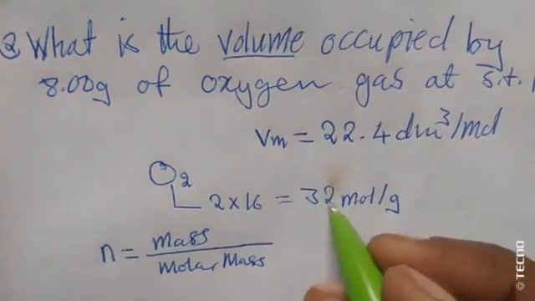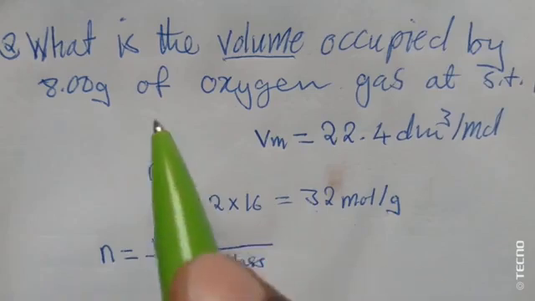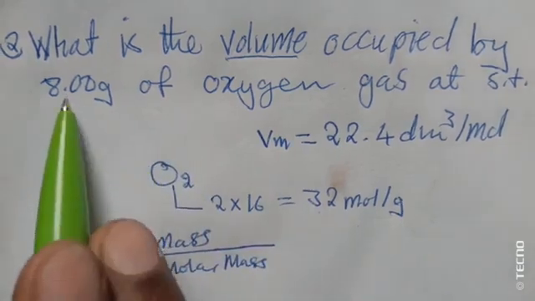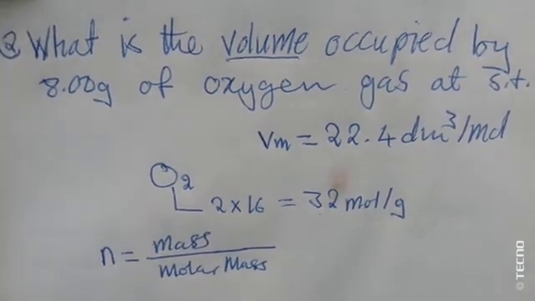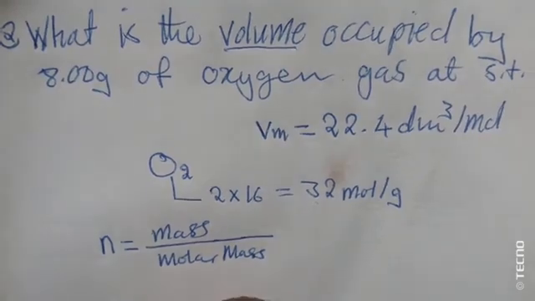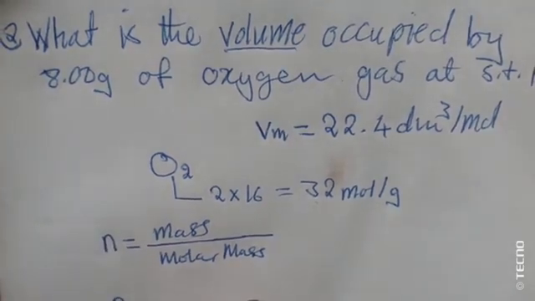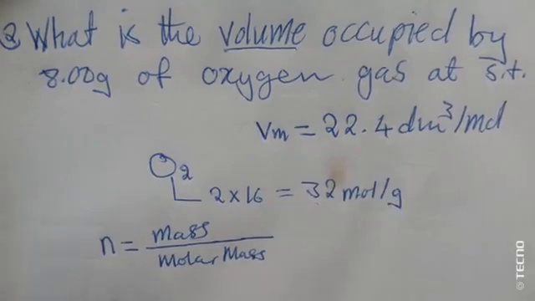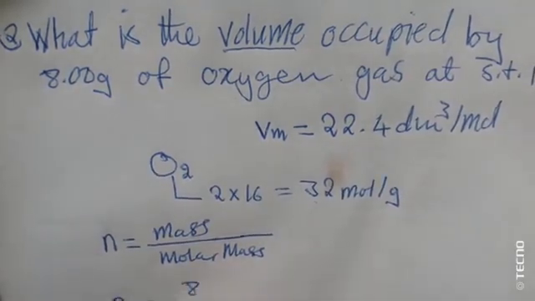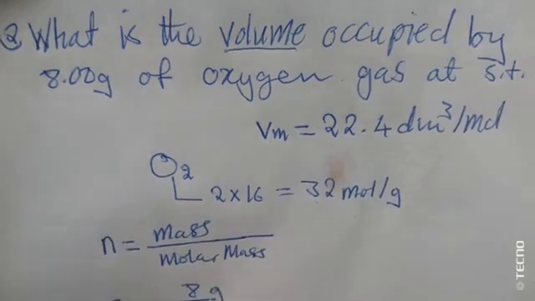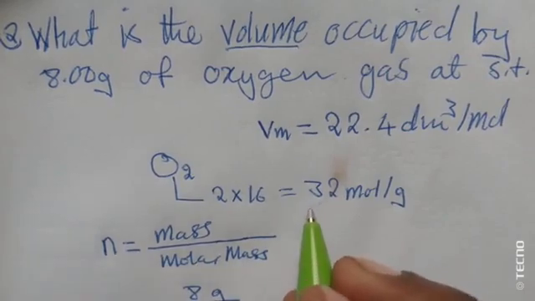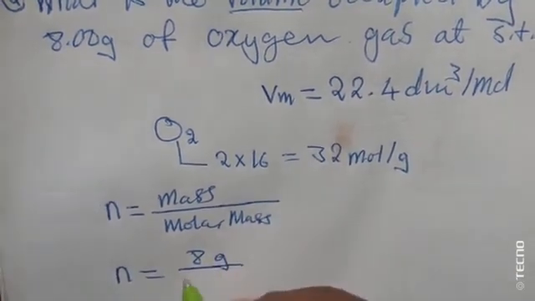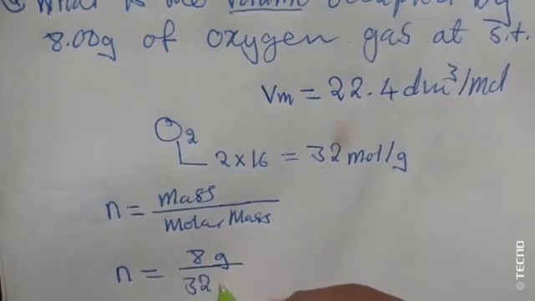The mass that you have been given is 8 grams, over 32, which is 32 grams per mole.